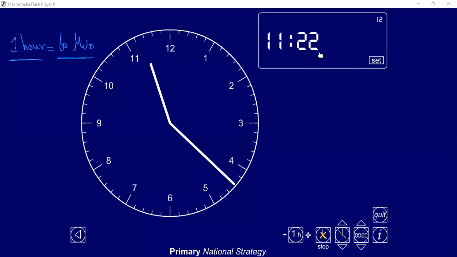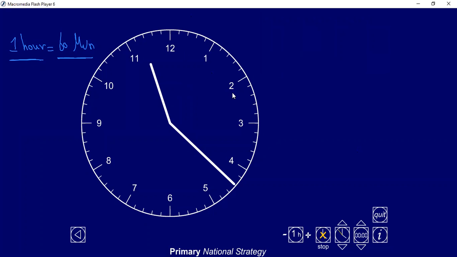Okay, so let's start by reading a time. For example, I have the hours hand between 2 and 3, and the minutes hand is at 4.